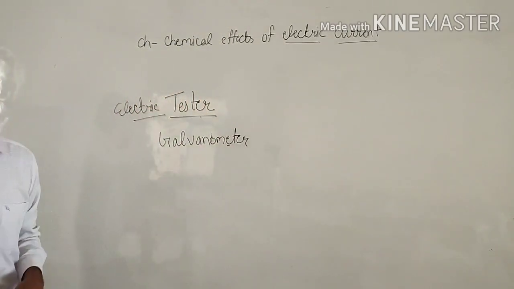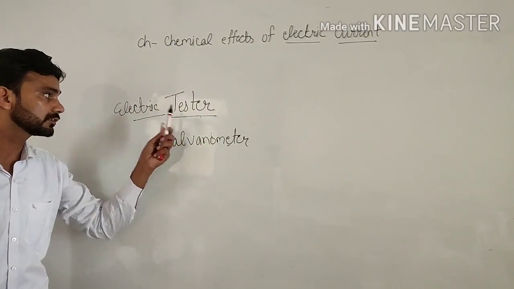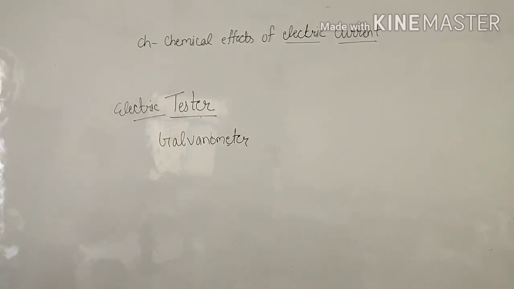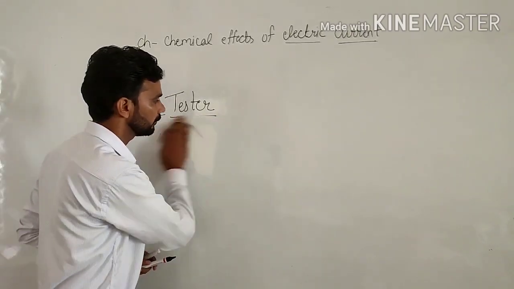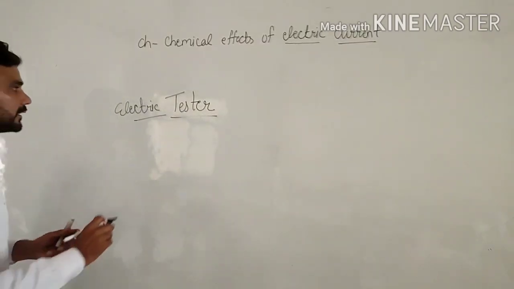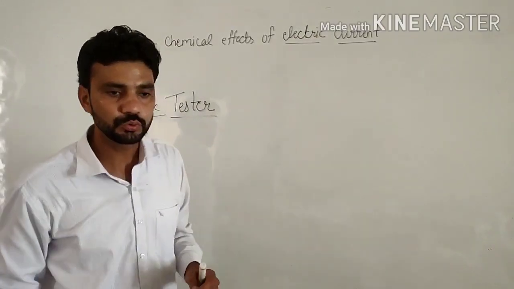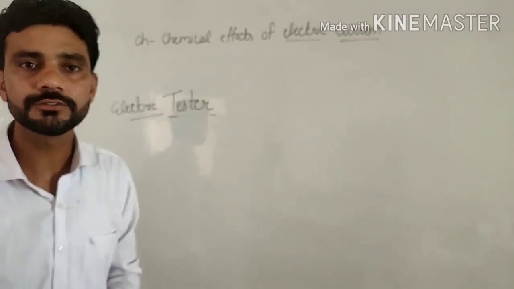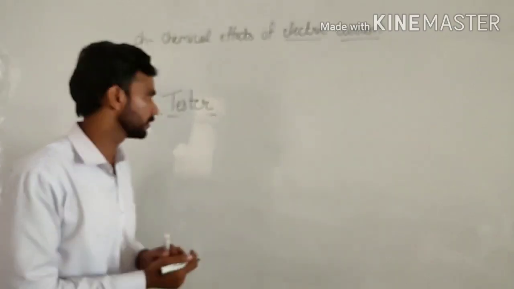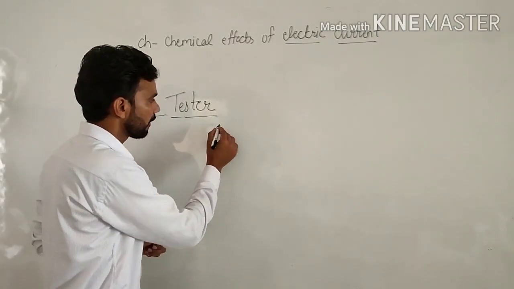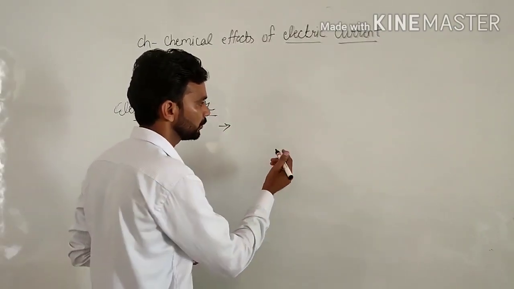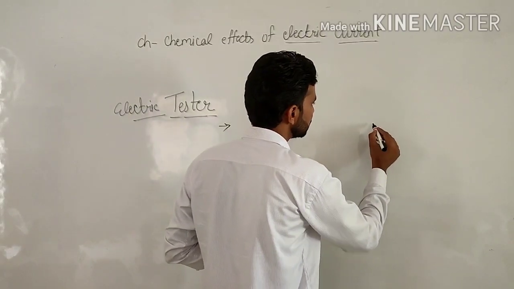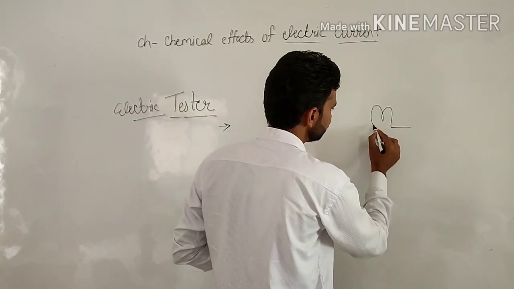For now, we will discuss about electric tester. In higher classes we will discuss about galvanometer. So electric tester is a device which is used to check whether the current is flowing through a wire or not. How we will check? Suppose I am drawing a circuit diagram.